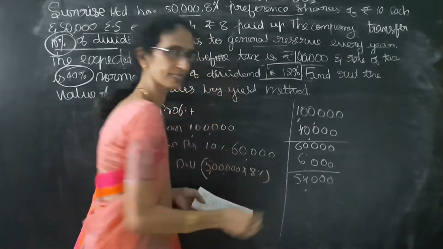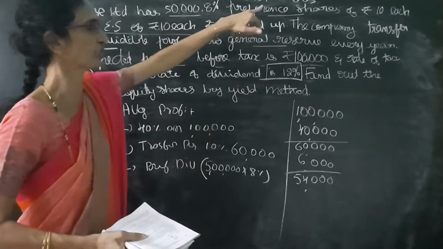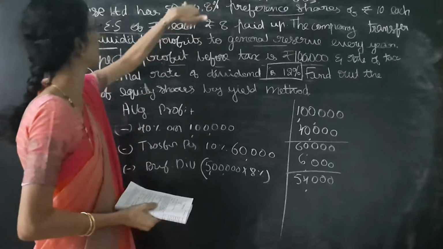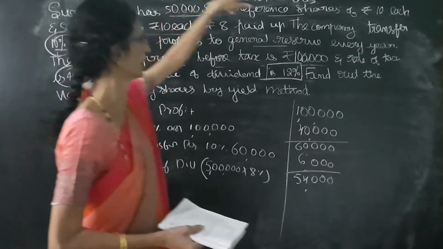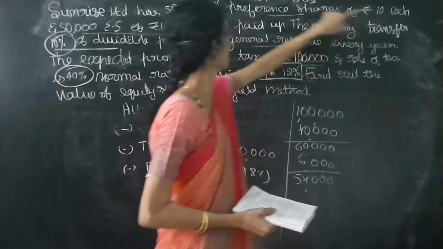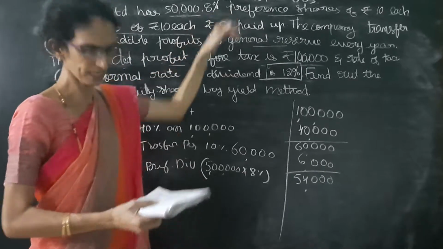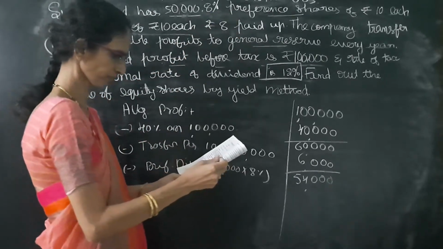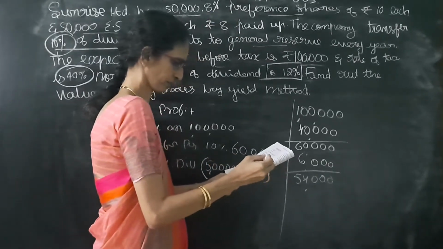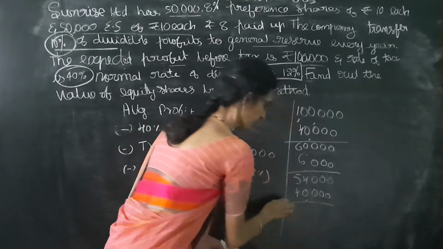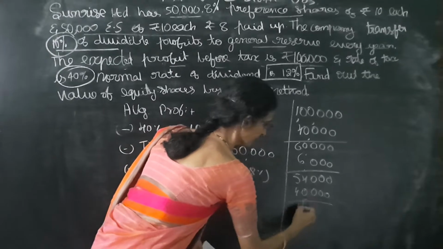So dividend is 8%. So 8% preferred shares means they pay 8% dividend. So number of shares is 50,000. Face value is 10 rupees. So 50,000 into 10 into 8% is the dividend. So we get 40,000. Deducting 40,000, we get 14,000.